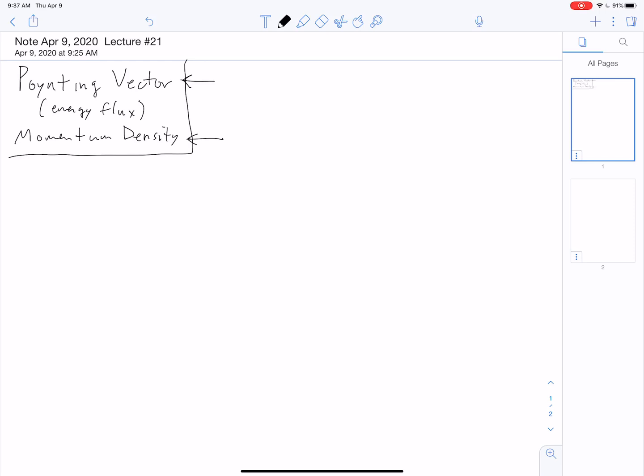Okay, so let's just remind ourselves a little bit about what happened before. Some of the things that we've talked about before is that if we have some charge distribution, I'll call it rho of r, then we know that to set up that charge distribution, it takes an amount of energy.